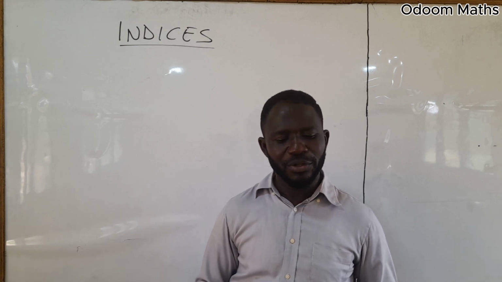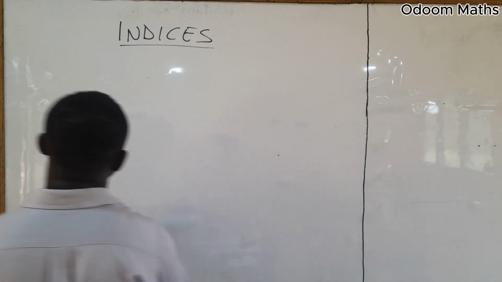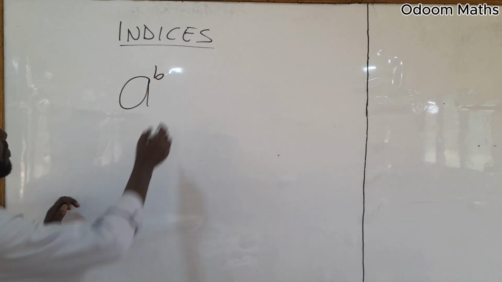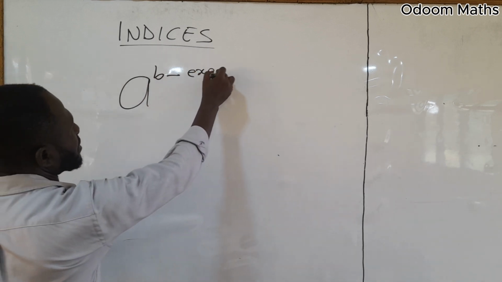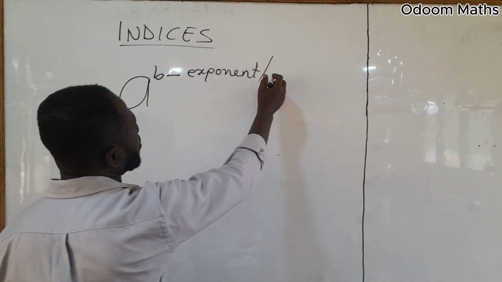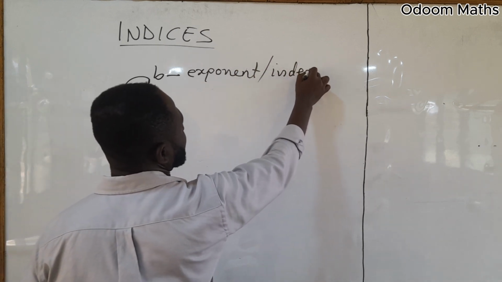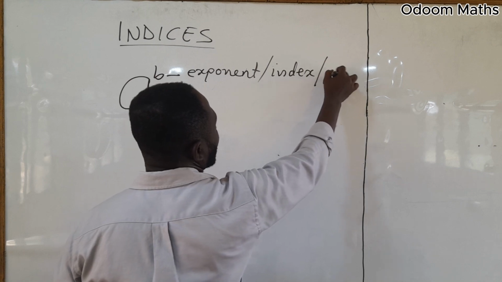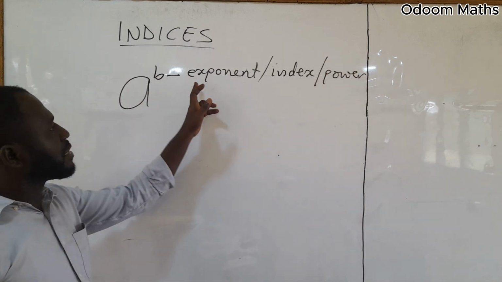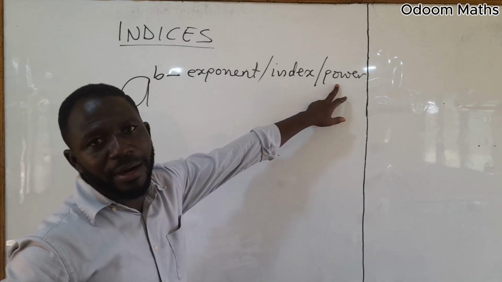Now when we talk of indices, for example, if I have a to the power b, we call this b the exponent, or index, or the power. So b is either the exponent, index or the power.